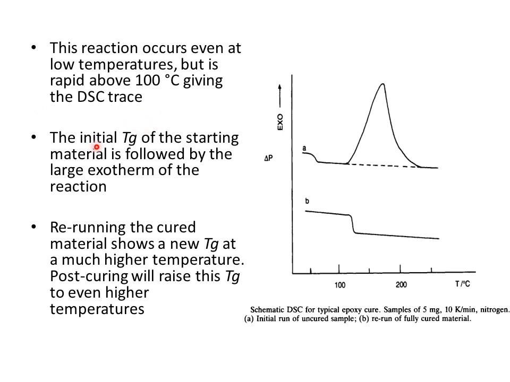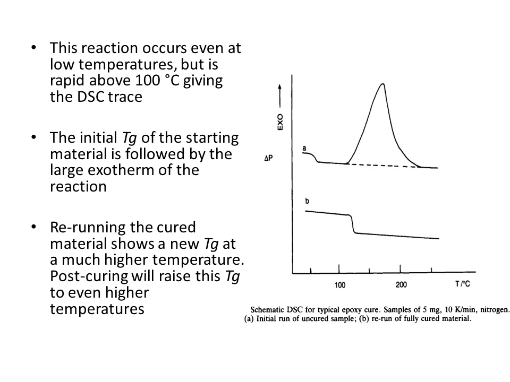The initial glass transition temperature of the starting material is followed by the large exotherm of the reaction. So we are talking about the uncured material and its glass transition temperature, and here is the exotherm.